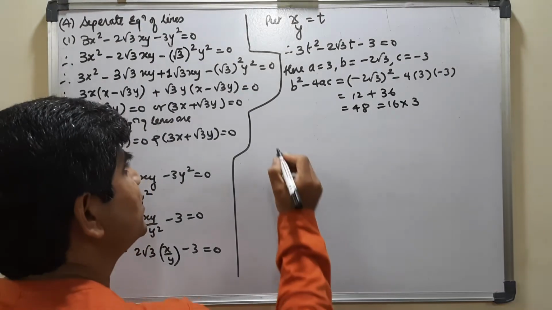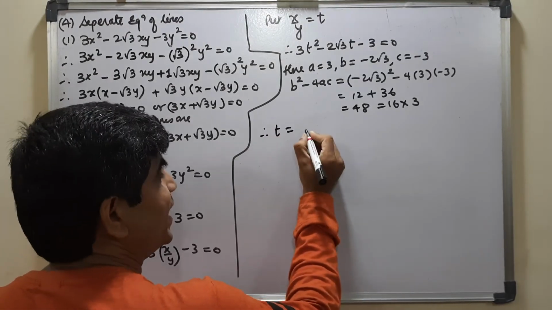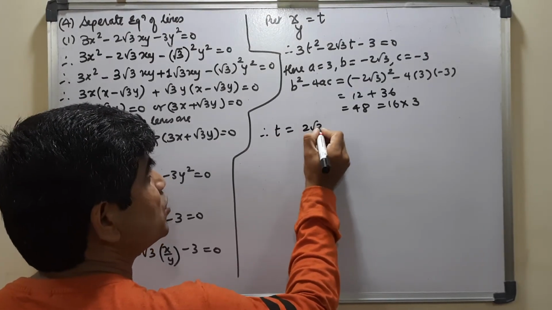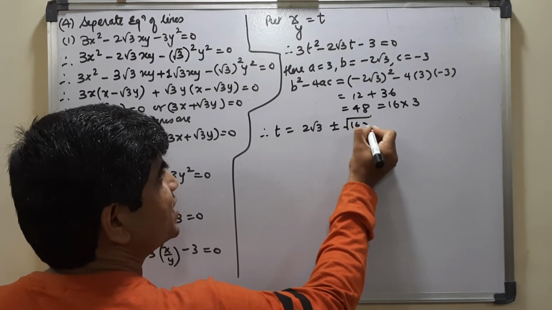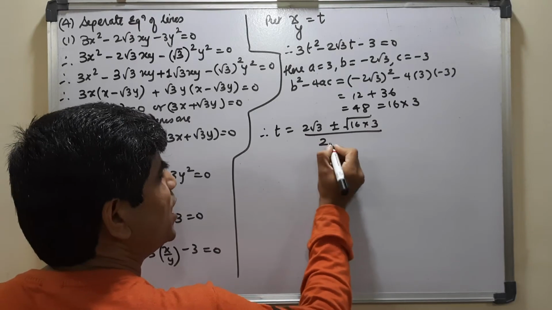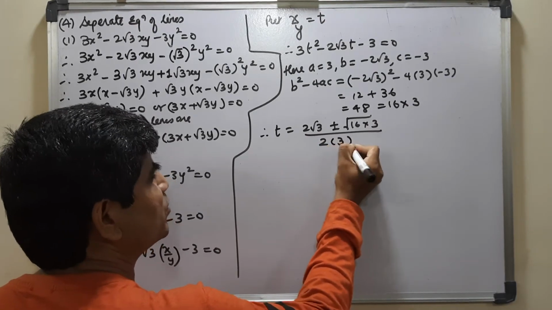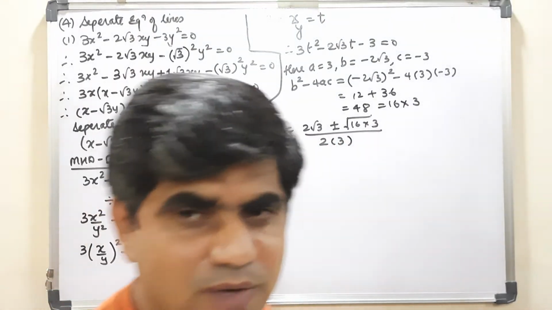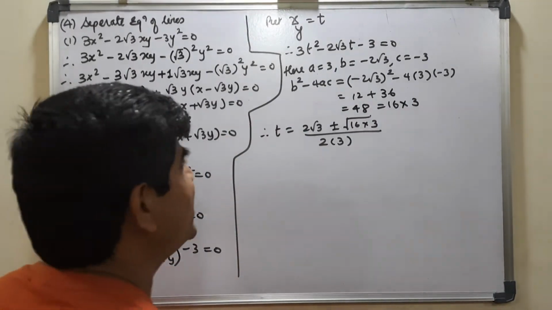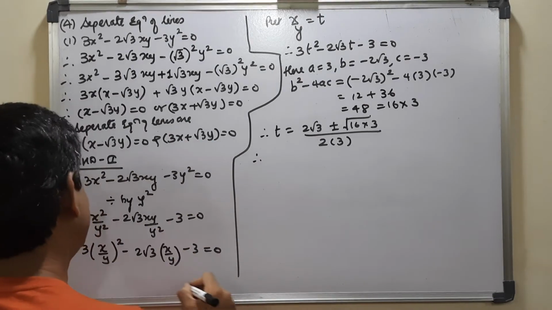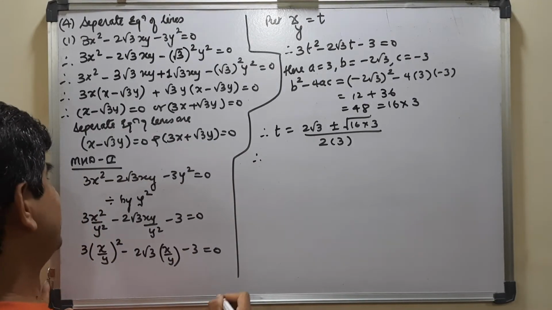And you know very well, now your t will be minus b plus or minus under root b square minus 4ac upon 2a, where 2a is 2 into 3. That is the formula. Now write what is t. t is your x by y.